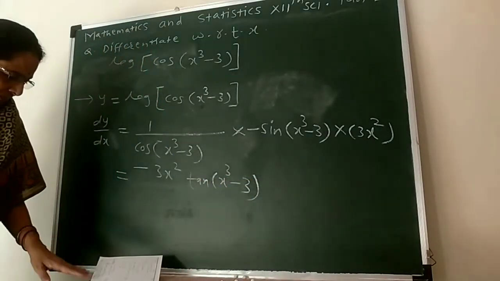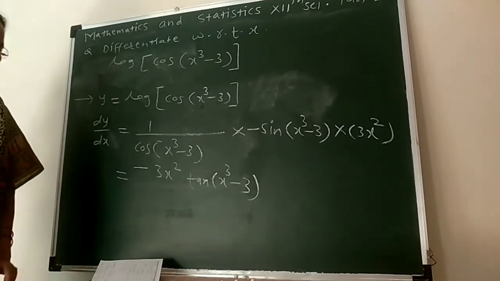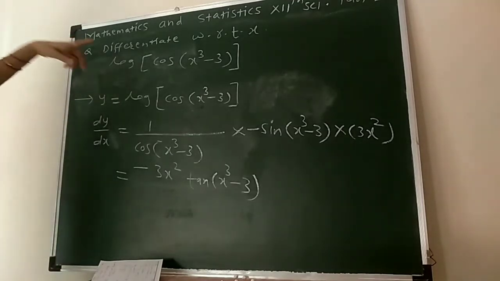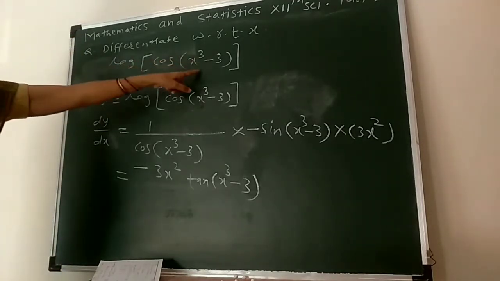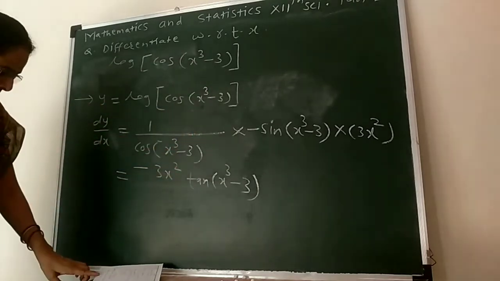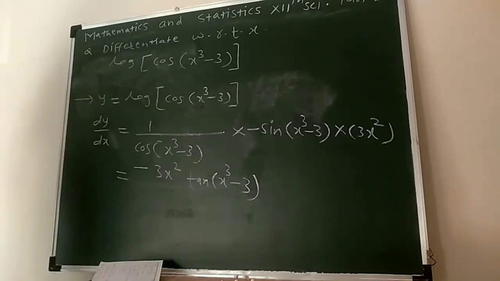Answer is minus 3x square tan x cube minus 3. This is the answer.